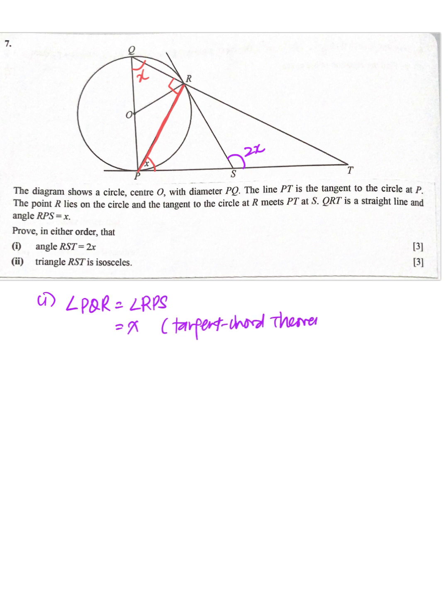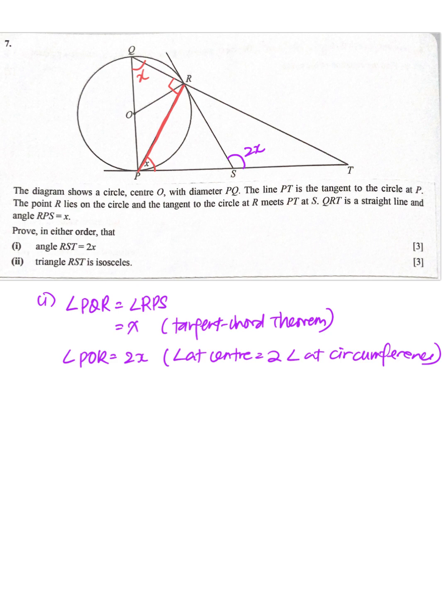It's 3 marks, class, so not that long. Then therefore angle POR is equal to 2x. Why? Angle at center equals twice angle at circumference.